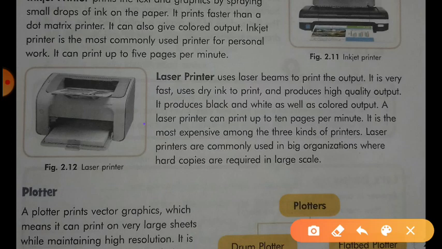A laser printer can print up to 10 pages per minute and an inkjet printer can print 5 pages per minute. You must remember this. A laser printer is the most expensive among the 3 kinds of printer. Laser printers are commonly used in big organizations where hard copies are required on a large scale.